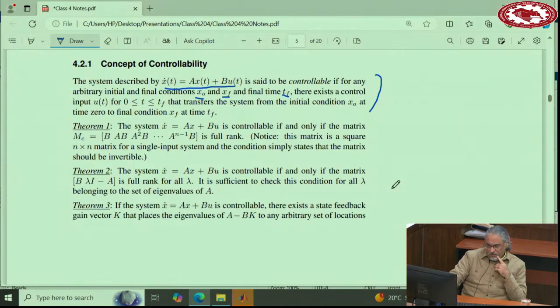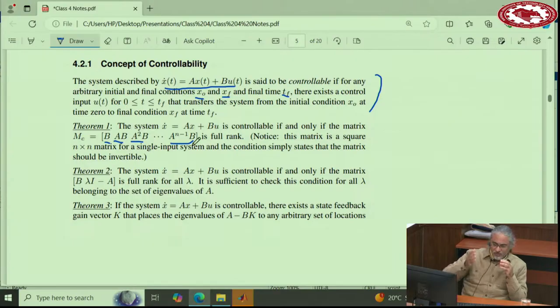Okay, now I'm going to state 3 theorems, and we do not prove them. Some of them are easy to prove, some of them difficult, but anyway, we don't need to prove them. It's easy to understand them and easy to work with them. The first theorem says this system that we just talked about is controllable if and only if the matrix B, AB, A squared B, all the way to A to the n minus 1 times B, is full rank.